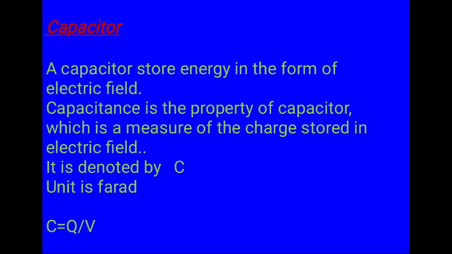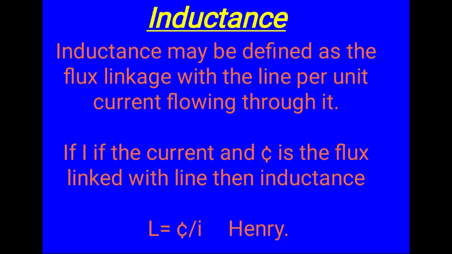Our third parameter is inductor. What is inductance? Inductance is defined as the flux linkage with the line per unit current flowing through it. It means the inductance of a conductor or wire depends on the flux produced per unit current.